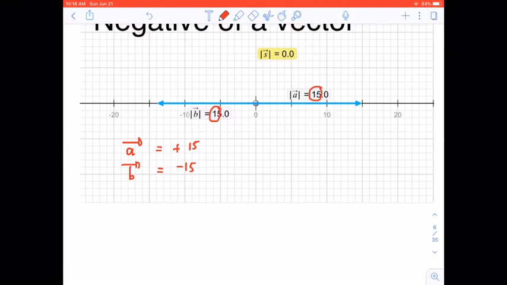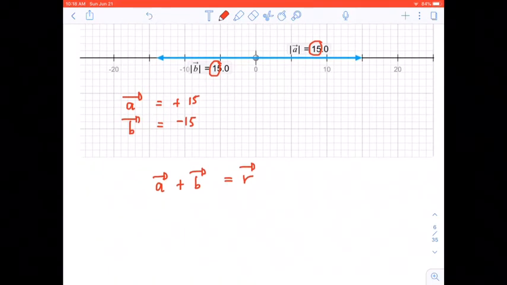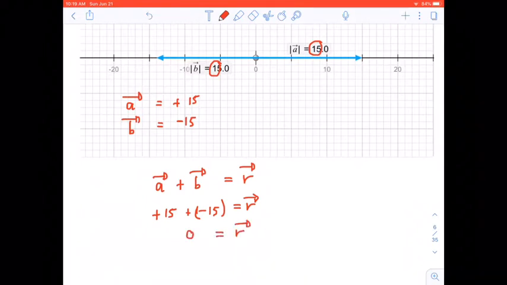So if we have vector A plus vector B, what would the resultant be? A is equal to plus 15. B is in the opposite direction, so it's minus 15, and that gives us R. So this is equal to 0, and the resultant vector is 0.